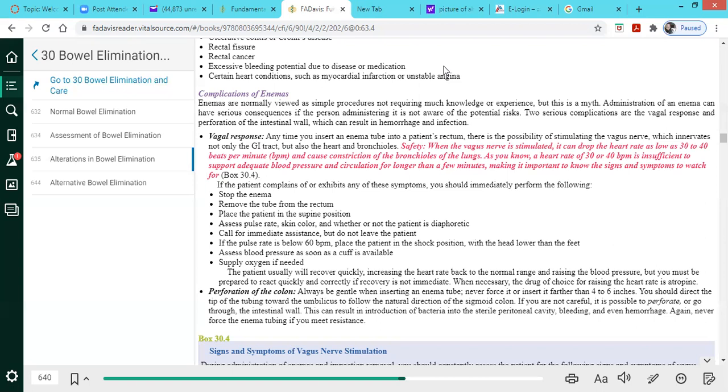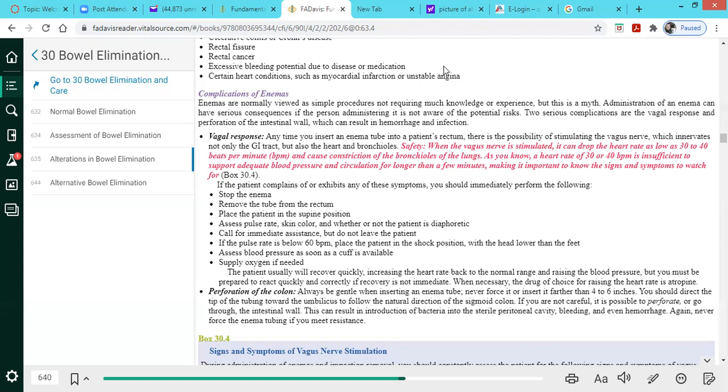If the patient complains of or exhibits any of those symptoms, it is important to stop the enema. You need to stop the enema if the patient complains of any of those symptoms or any clinical manifestations are evident.